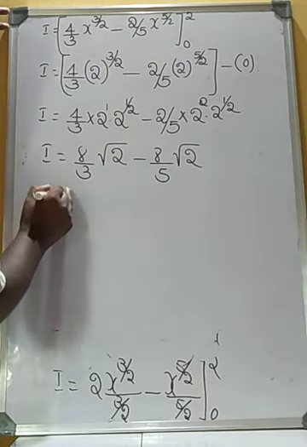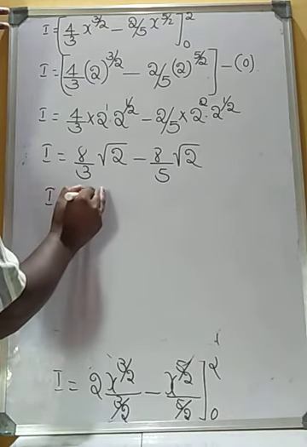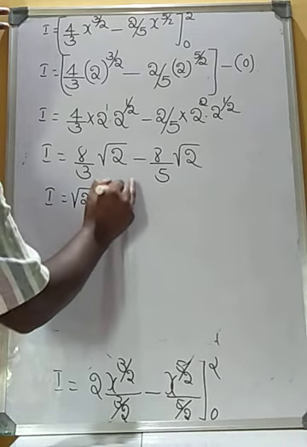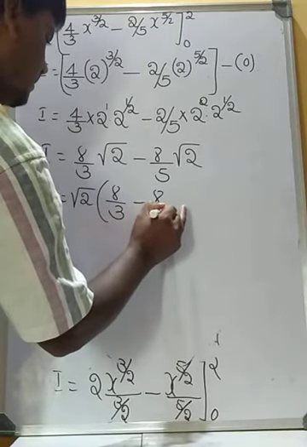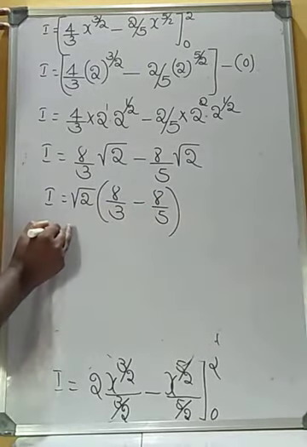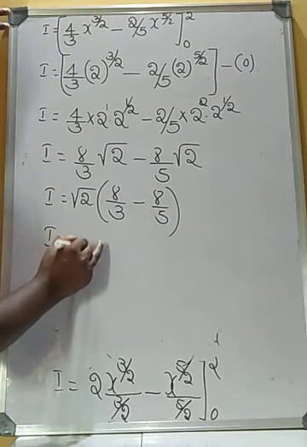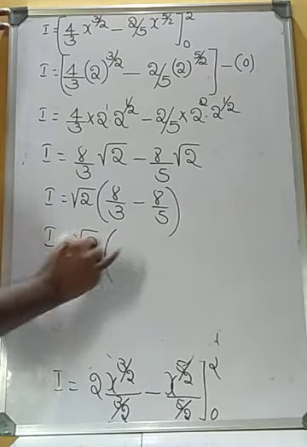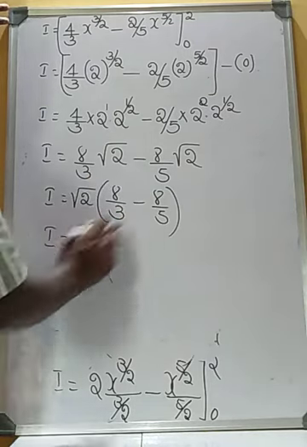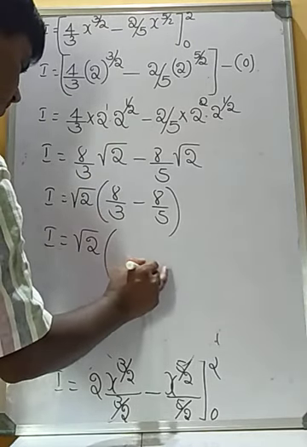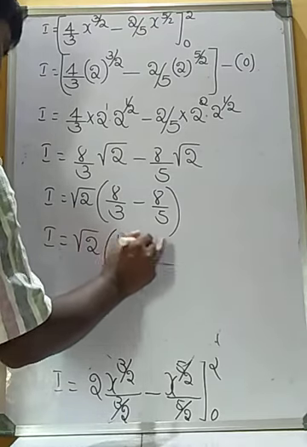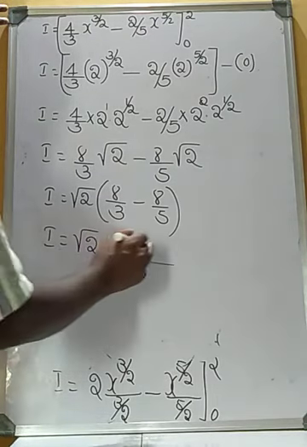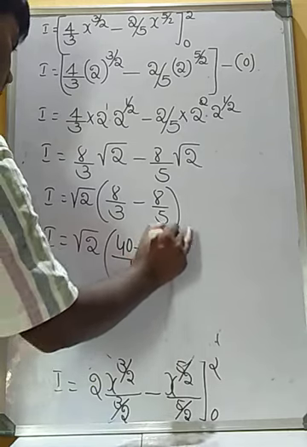So root 2 is common, take it outside: 8 by 3 minus 8 by 5. Therefore I equals root 2 into (8 fives are 40 minus 8 threes are 24), with 15 as the LCM.